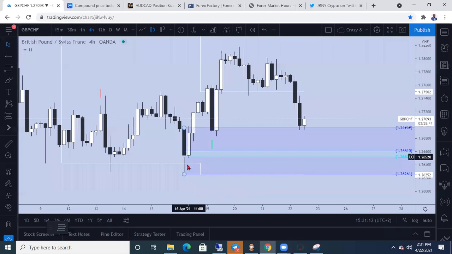So having this at the back of my mind, you see how price came to the block entry. I would be anticipating price possibly pushing to the preferred entry before a rally.